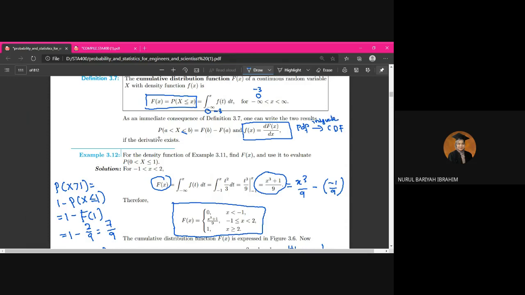Tapi bila dah ada CDF function, you nak tukar kepada PDF which is small fx, daripada capital F nak tukar kepada small fx, you need to differentiate. Okay, which is this. You differentiatekan capital F, you akan dapat small f.